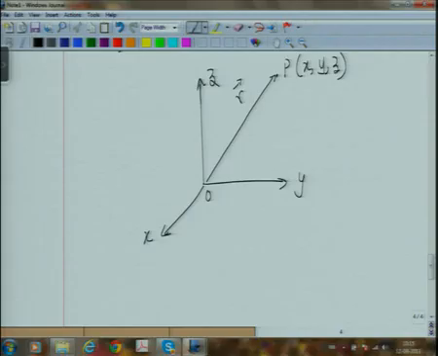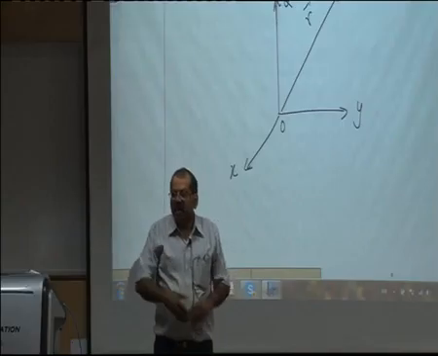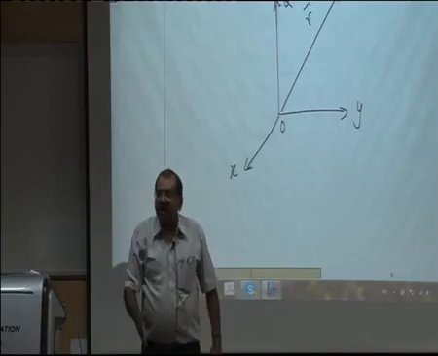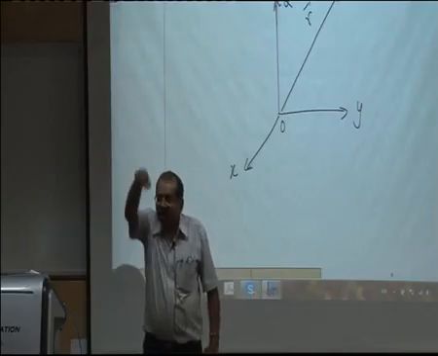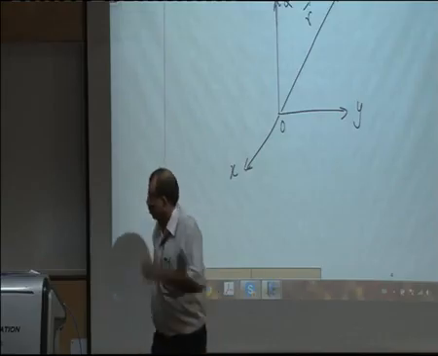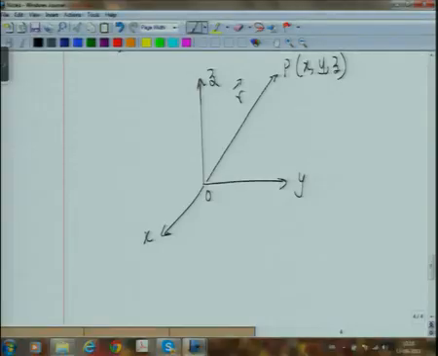The first step in these polar coordinates is, from P, we drop a perpendicular down on the xy plane. That means we come down by z, we just fall from P onto the xy plane.